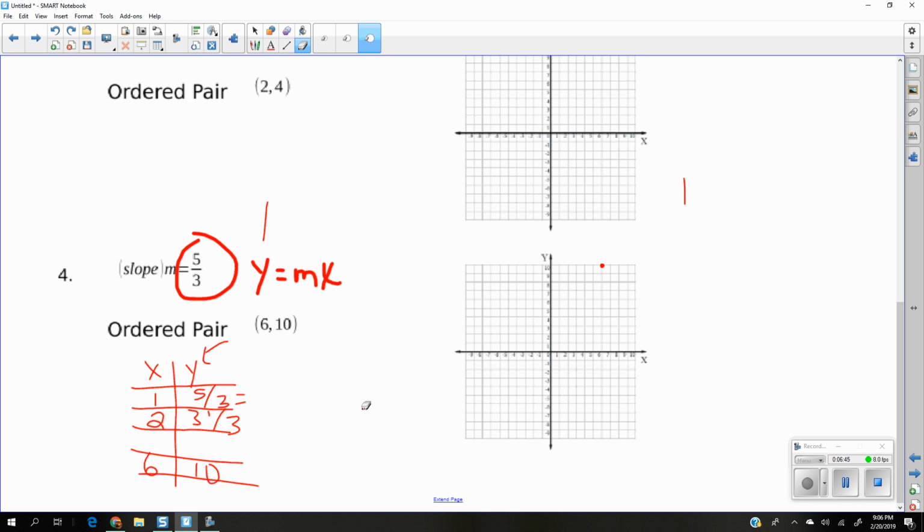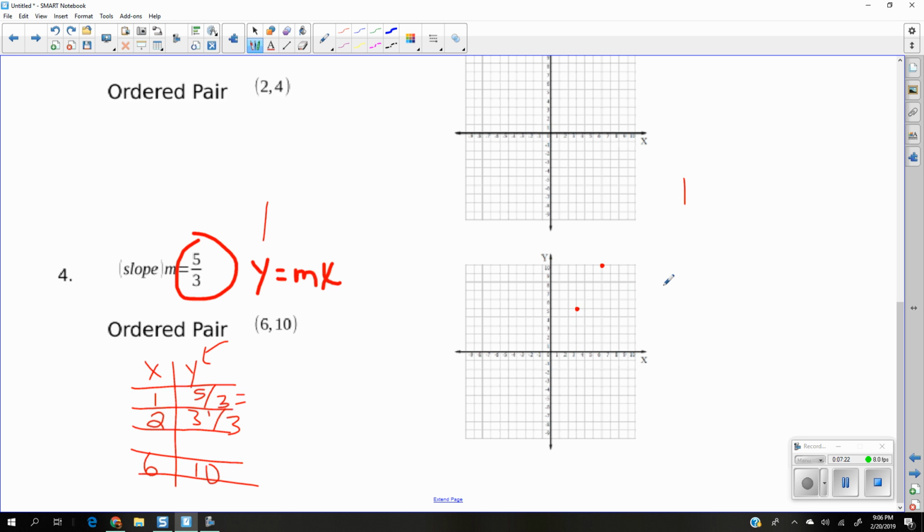So if we want to keep with our slope, instead of going up 5 and over 3, we can just go the opposite way. We'll go down 1, 2, 3, 4, 5. And instead of going to the right 3, we can go to the left. 1, 2, 3. And in this case, it's on the 3 and the 5.